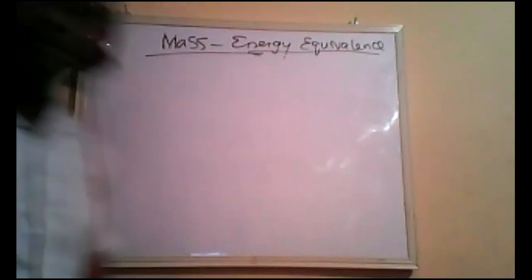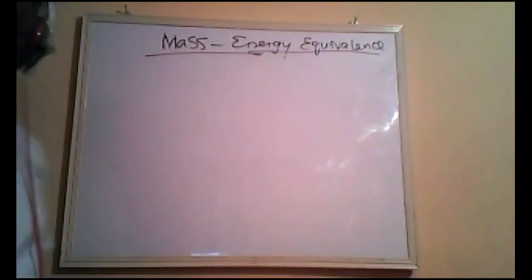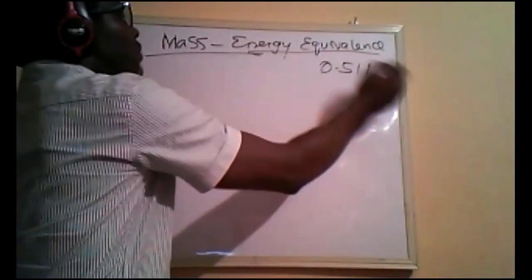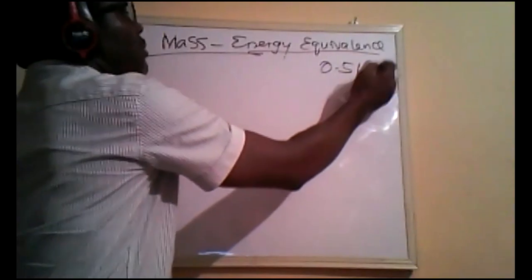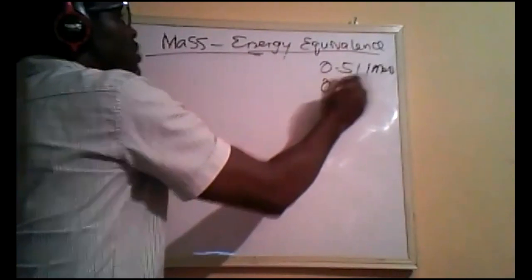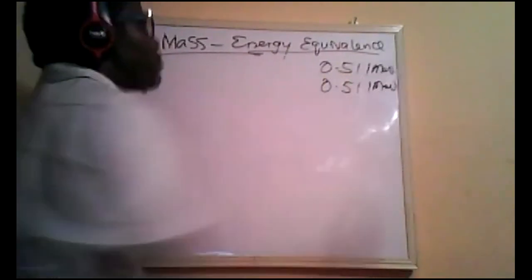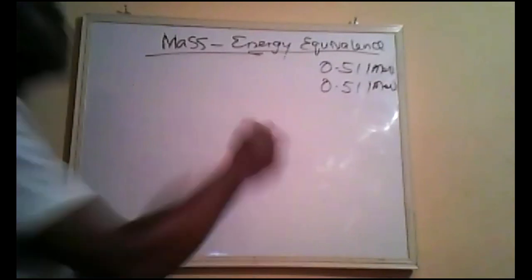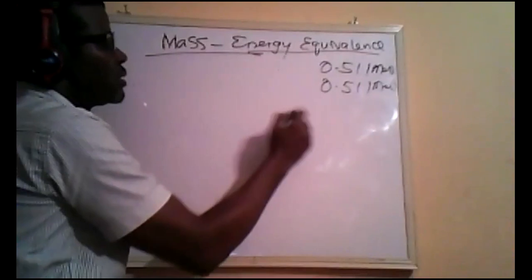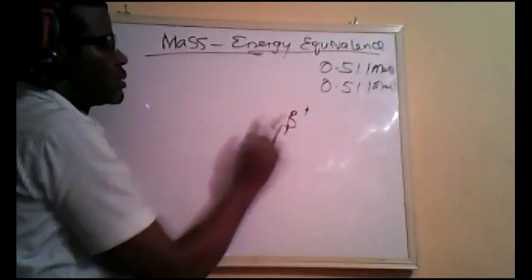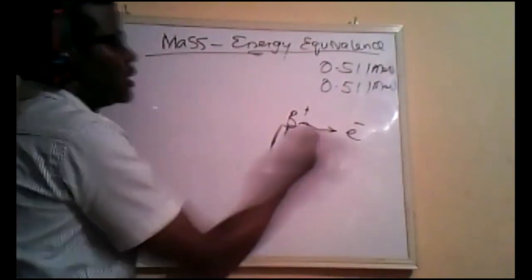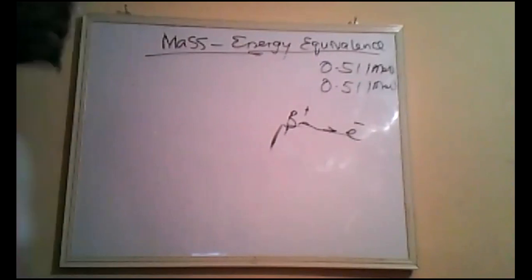Like on the screen I shared, the rest mass of an electron is 0.511 MeV. For a positron, it is still the same, 0.511 MeV. When a positron, beta plus, travels and comes in contact with an electron, they will annihilate and disappear.